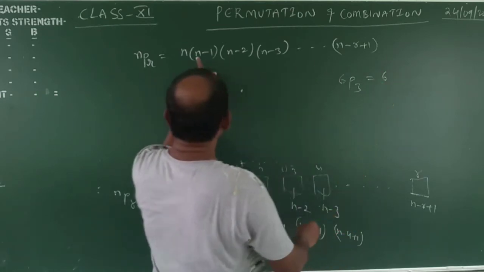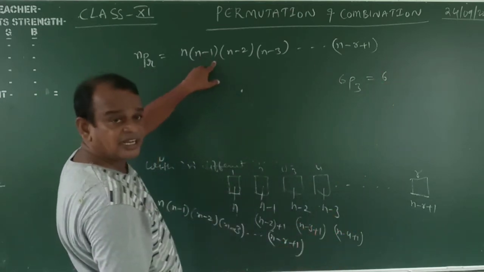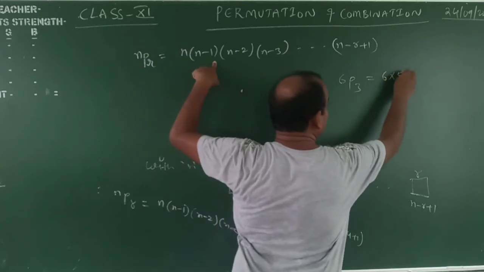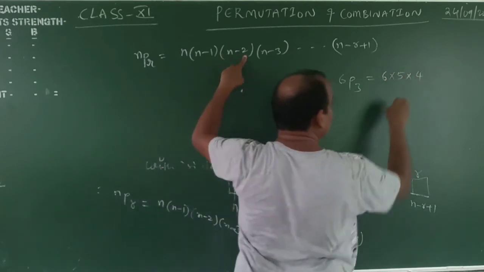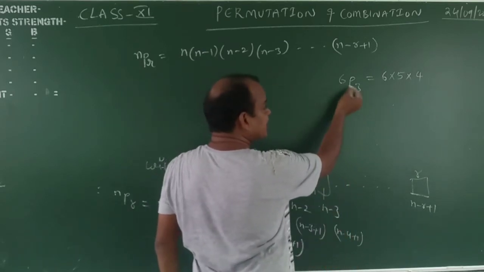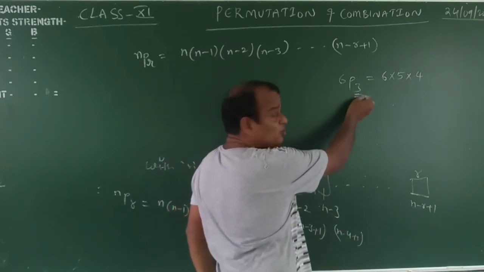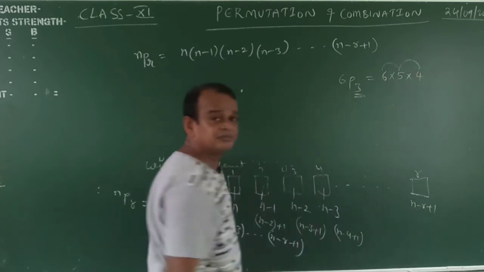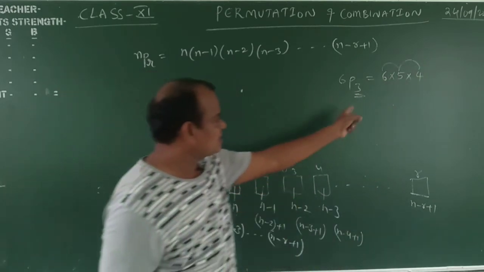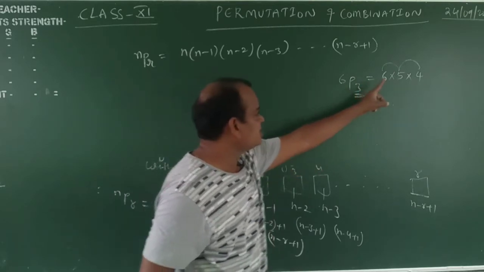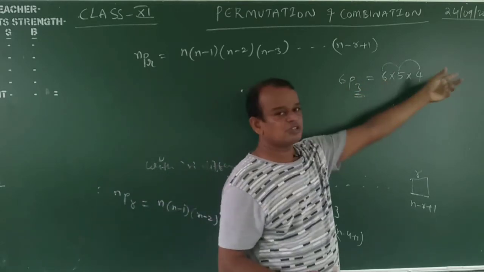After that, subtract 1. 6 minus 1 means 5. Next, 6 minus 2. 6 minus 2 means 4. Only 4. Here 6p3 contains how many factors? 3 factors only. Here 100% write the 3 only. Have you understood or not? 6, 5, 4. What is the value of 6p3? 6 into 5 into 4. 6 5s are 30, 30 4s are 120. Enough.